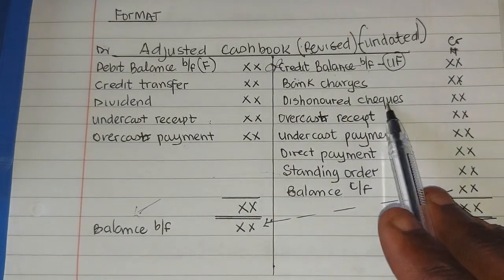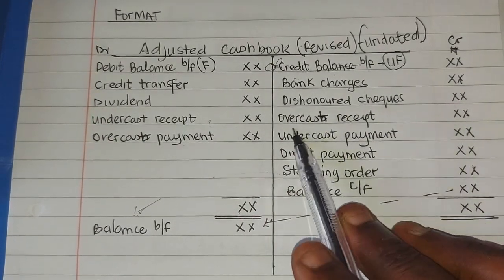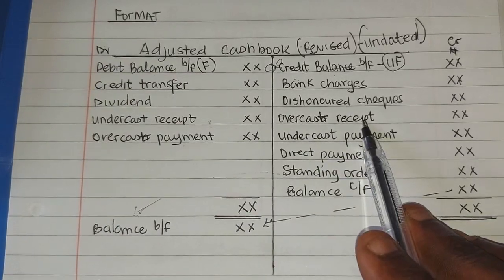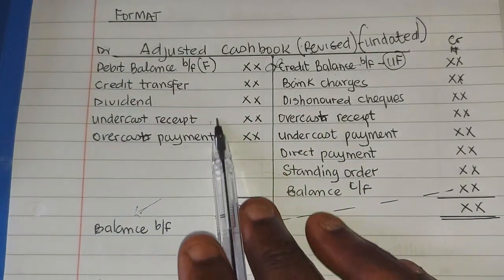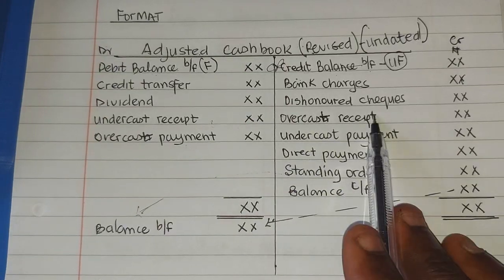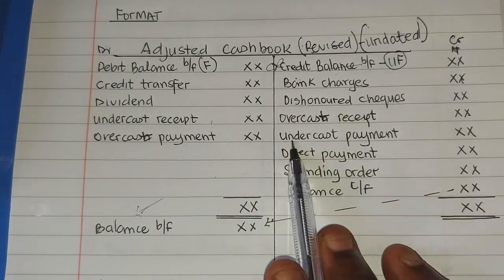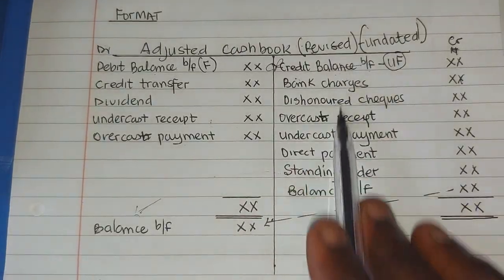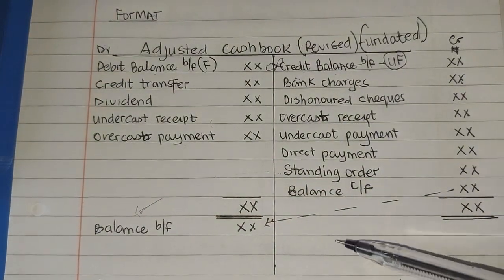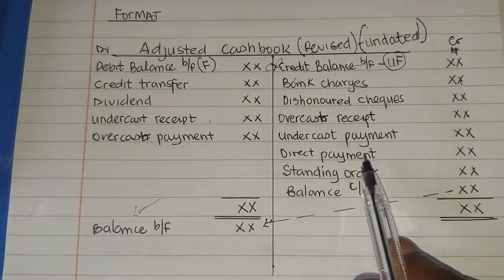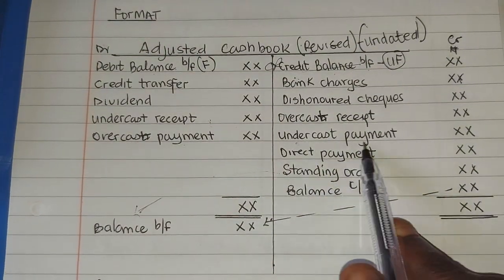Dishonored check will be on the credit side. Overcast receipts: when the receipt side is overcast, you credit to reduce the overcasting. Then undercast payments: when the payment side is reduced, you add it back by posting a further credit.